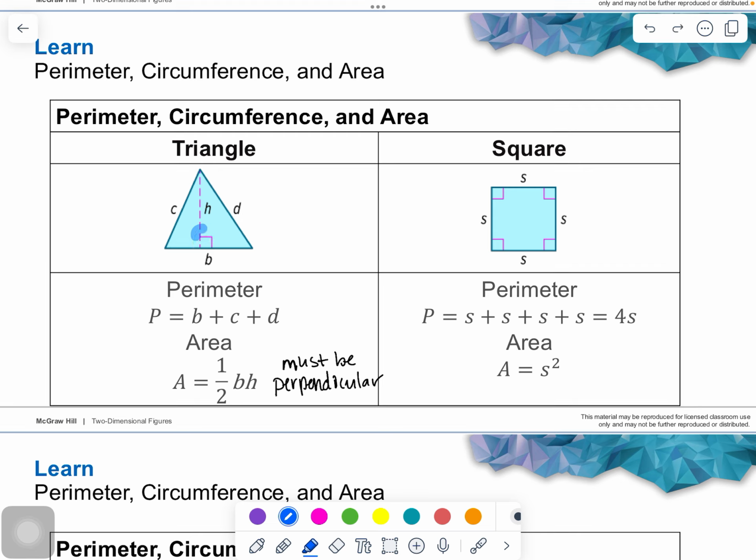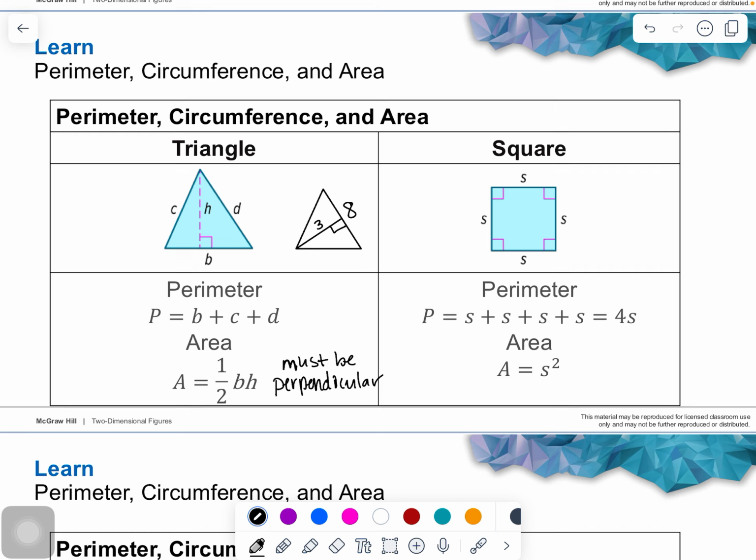So they might not be labeled B and H, but you would see something like a triangle, and it might say like 8 units here, and then you might see a measurement that says 3 here. Okay, that would be your base and your height.